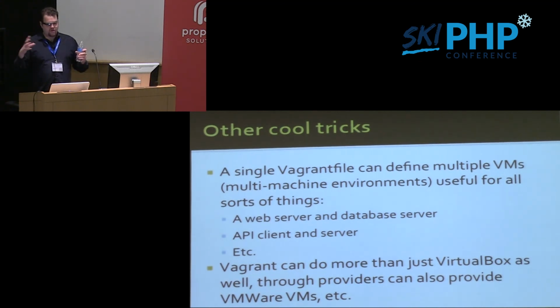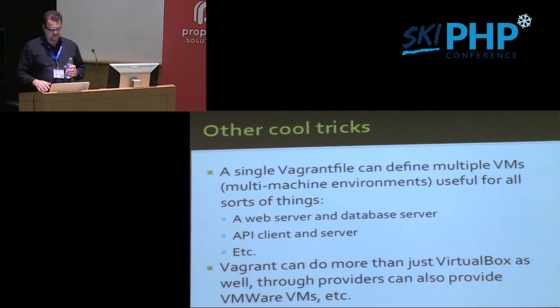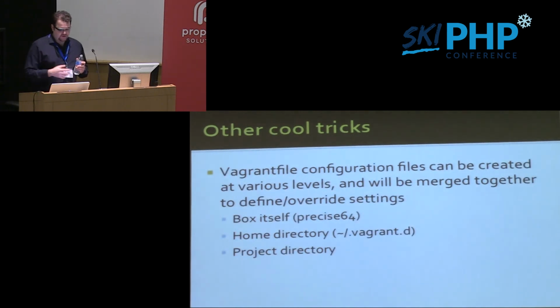So you can create that all. When you say Vagrant up, it doesn't fire up just one virtual machine. It fires up 3 virtual machines, and they're all interconnected, and they're all provisioned to talk to each other, and all that sort of stuff. And like I said, it can do all sorts of different providers. VMware, if you have VMware licenses in your shop, you can do that. Like I said, I use VirtualBox myself.